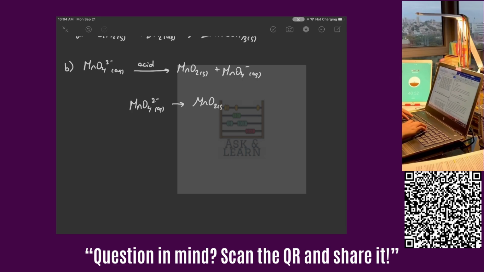To MnO2 solid, manganese balanced, 2H2O to balance the oxygen, 4H plus to balance the hydrogen, and 2 electrons to balance the charge.